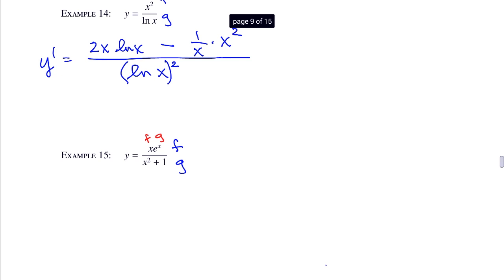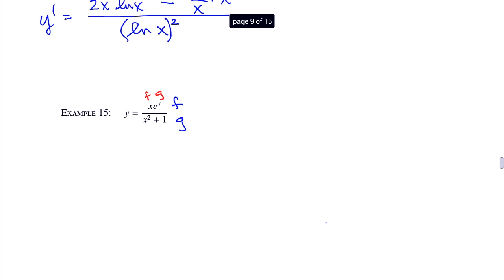Let me demonstrate. So, y prime is equal to the derivative of the numerator. The numerator is a product. So in order to do that derivative, we have to use the product rule. So it's the derivative of x times the second one unchanged, plus the derivative of e to the x, which is e to the x, times the x unchanged.